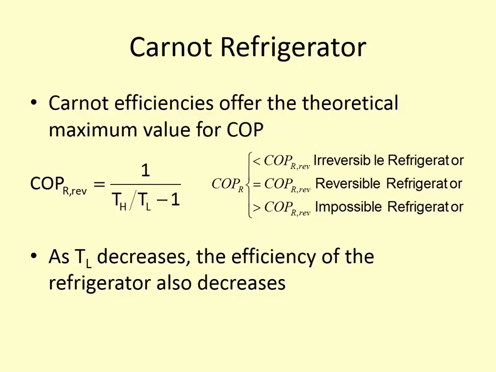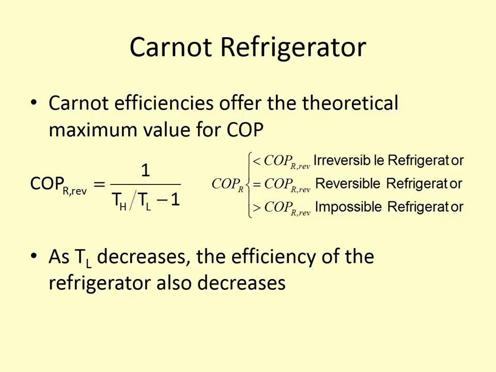If our COP for a reversible refrigerator has to be the same as our COP for this Carnot cycle, and we somehow calculate a COP that's greater than the reversible case, then our refrigerator can't exist. It's an impossible refrigerator.